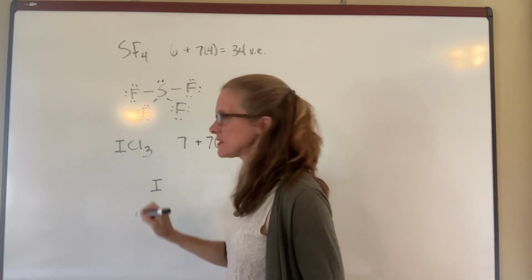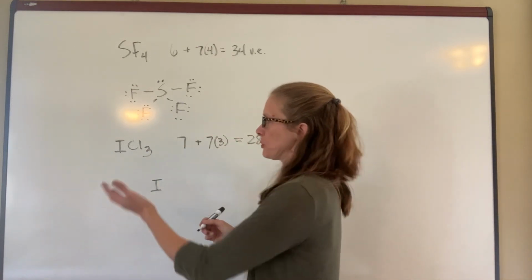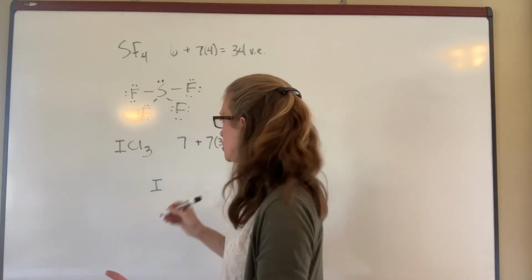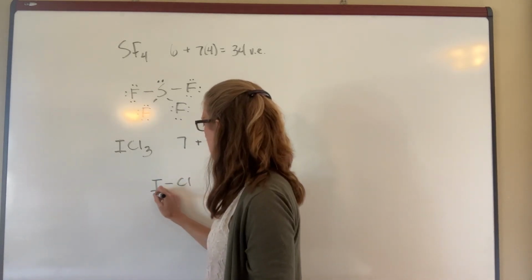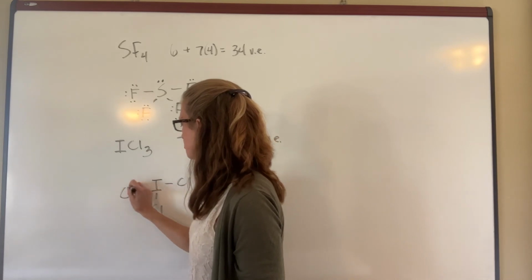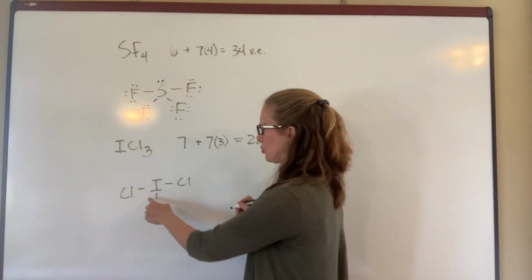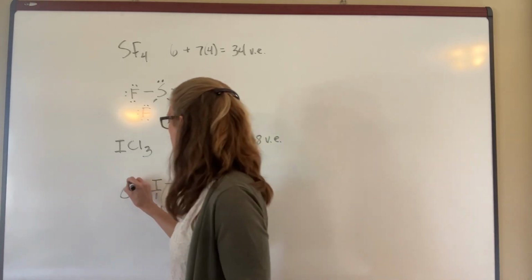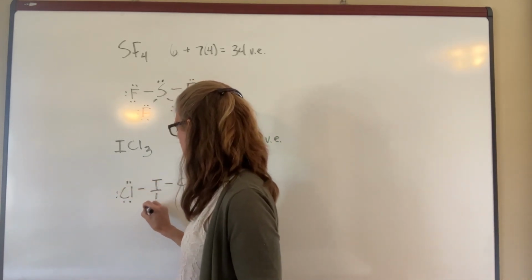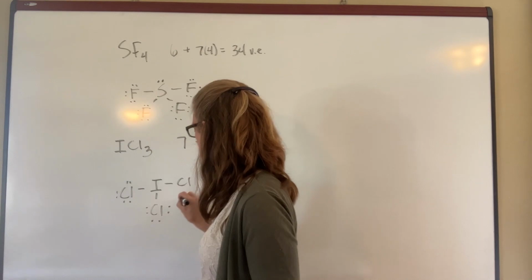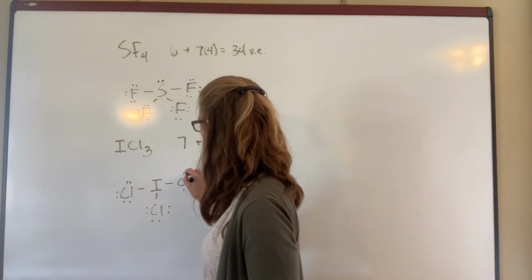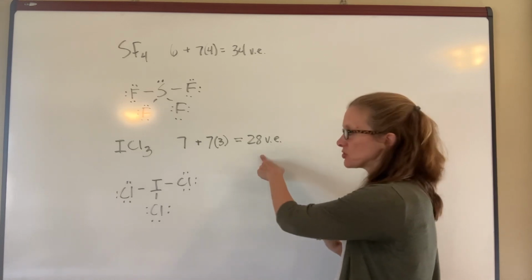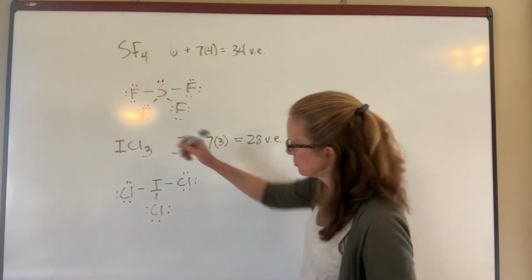The iodine is the least electronegative, and for symmetry purposes, it would be obvious that that's the one everything else is going to be joined to. So I'm going to join 3 chlorines to that. So that gives me 2, 4, 6. Let's start putting lone pairs on. 8, 10, 12, 14, 16, 18, 20, 22, 24. I've got 28 that I need to use.